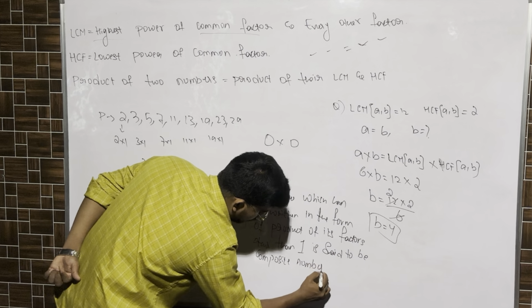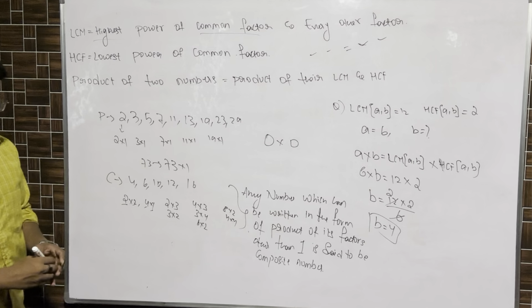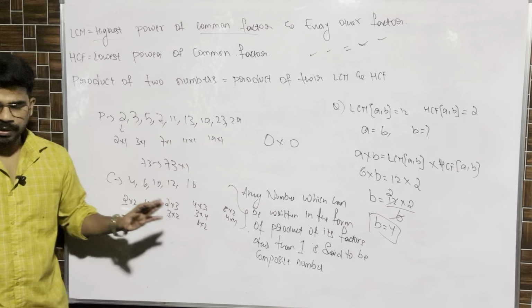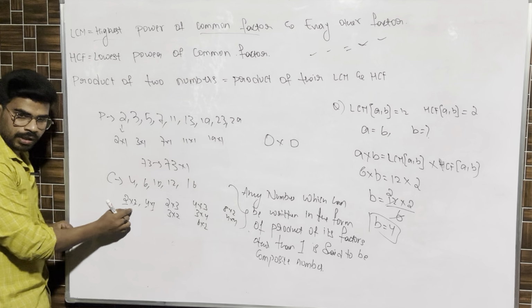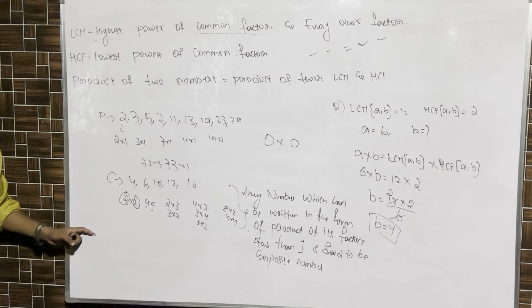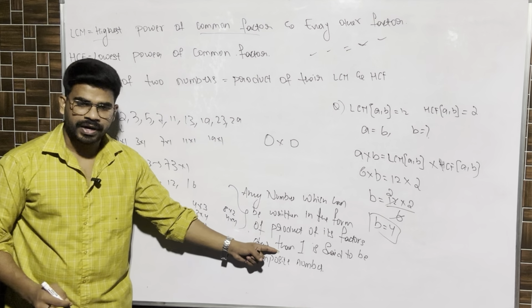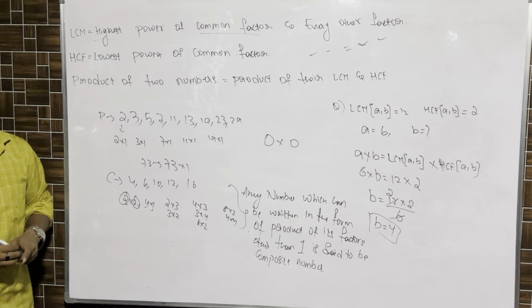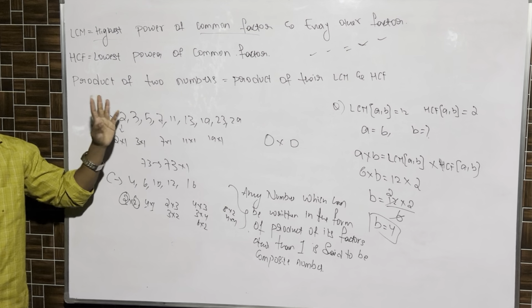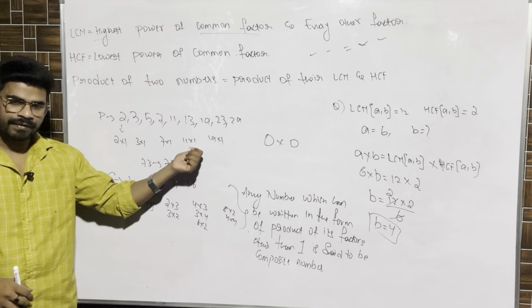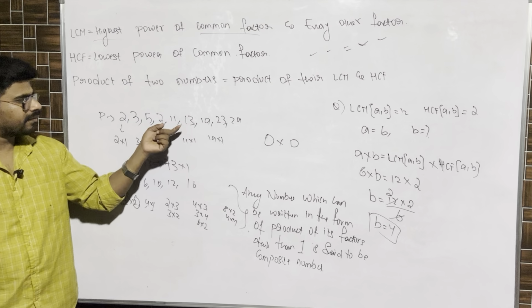If you look at the statement, it looks quite tricky and difficult to understand. If you break it down, it is very easy. Any number that can be written in the form of a product. Product is multiplication. Product of what? Factors. And what should be the speciality of the factors? Other than 1. It shouldn't be 1. That we cannot do for prime numbers. For 11, 1 and 11 are factors, but other than 1, how can you write 11?